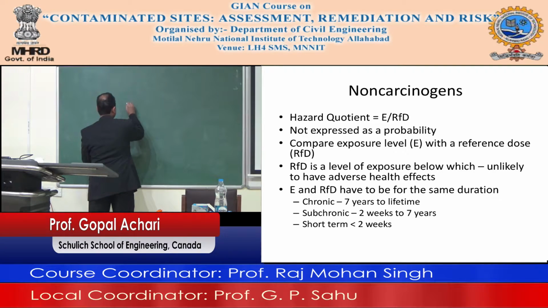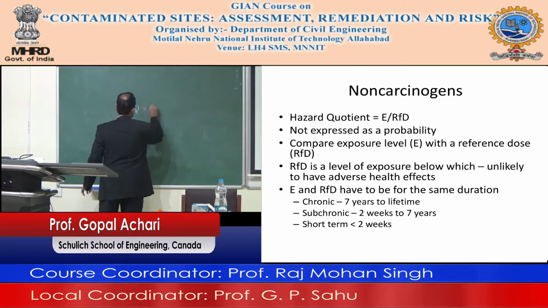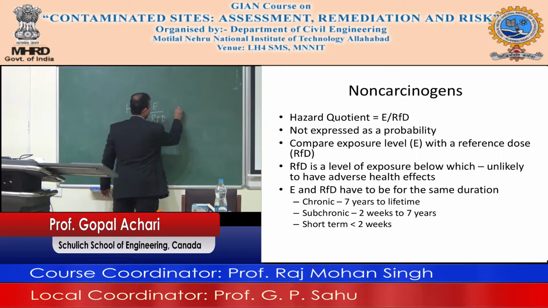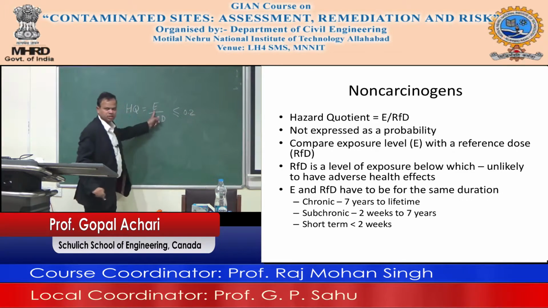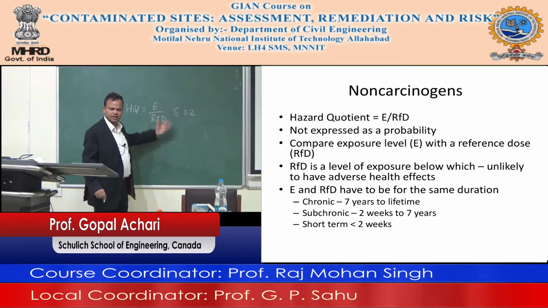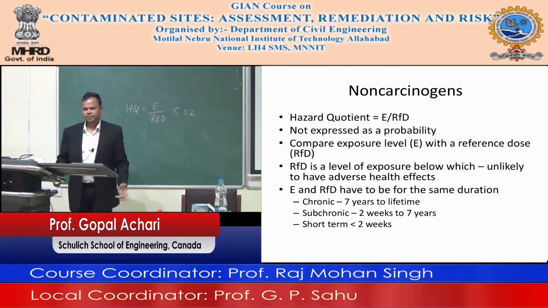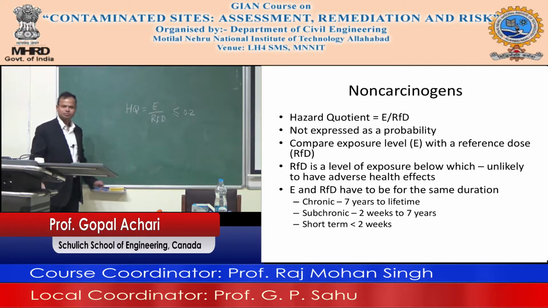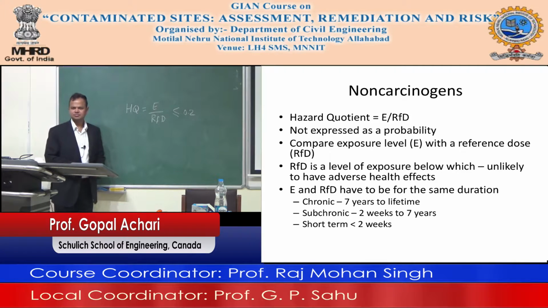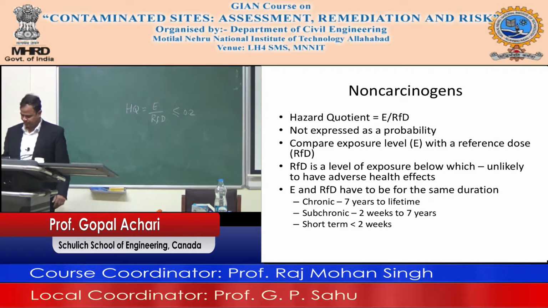So the hazard quotient is exposure divided by RfD, the reference dose. If this is less than or equal to 0.2, that means your exposure is less than or equal to 0.2 times the reference dose. A reference dose is where it's unlikely to have an adverse effect, and you are even at 0.2 of that, which means you can be reasonably confident it's not going to harm you.